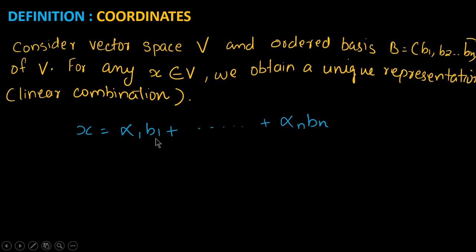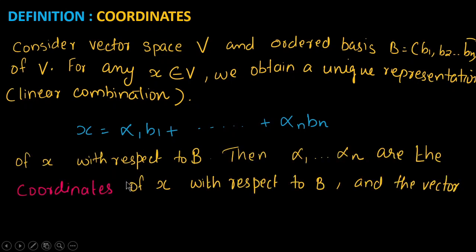Where the b values are the basis vectors, and the alphas are the coordinates of x with respect to B. Alpha 1, alpha 2, etc., alpha n are the coordinates of x with respect to B, and the vector alpha equal to (alpha 1, etc., alpha n) belongs to R^n. This alpha is called the coordinate vector.